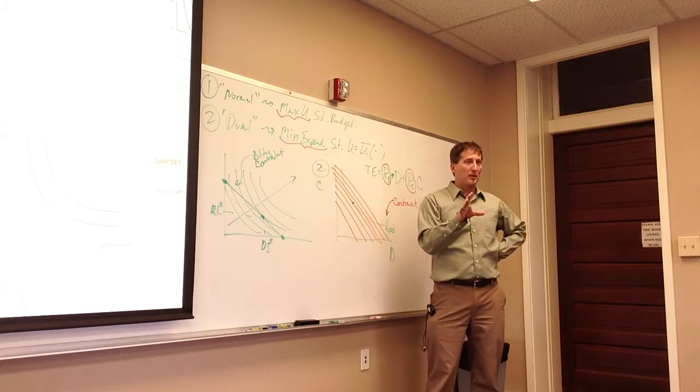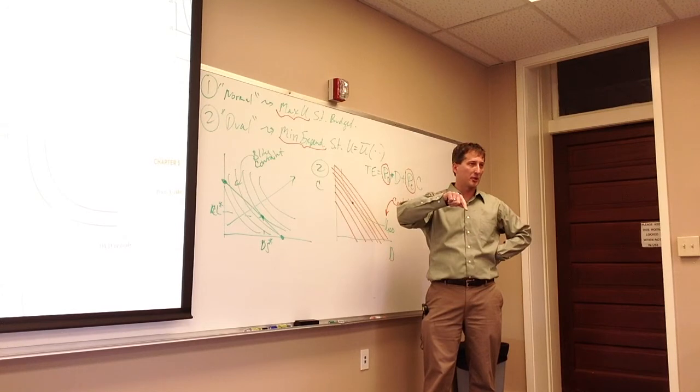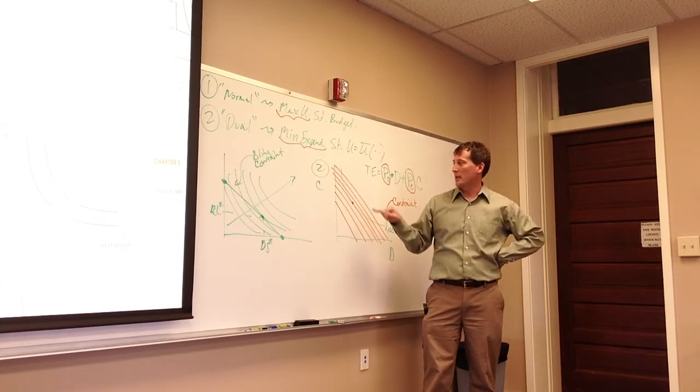We went through the problem. The last problem we did on Monday was maximizing utility subject to the budget constraint, right? And we did that by thinking about the first order condition.